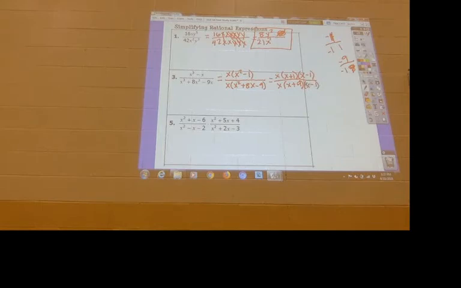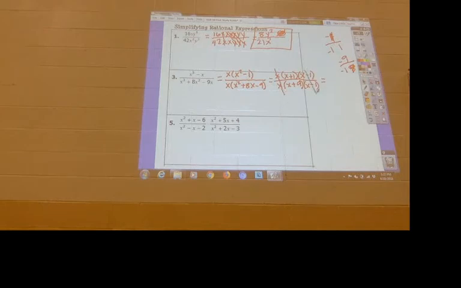I can jump to this because do I have an A value on this? I can do double parentheses from this step because I do not have an A value. So I know it's these parentheses. Now I can eliminate what's in common with top and bottom. I see this is in common, so I cross it out.